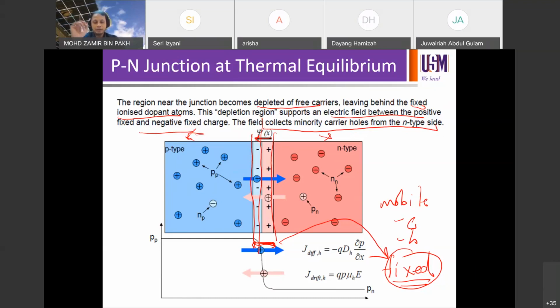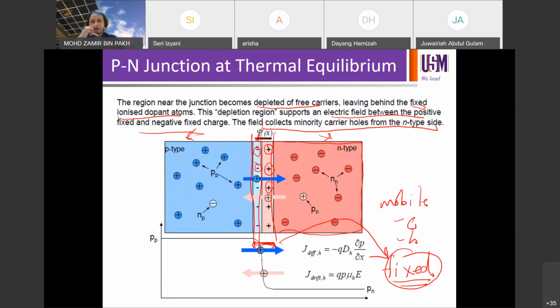Note here before we move on: the N-type semiconductor, with electrons as the majority, is going to have positive fixed charges, while the P-type, which originally has holes as the majority, is going to have negative fixed ion charges, right?